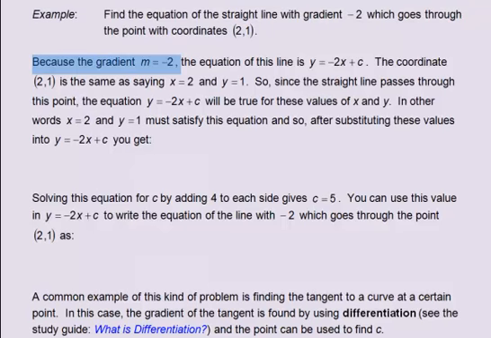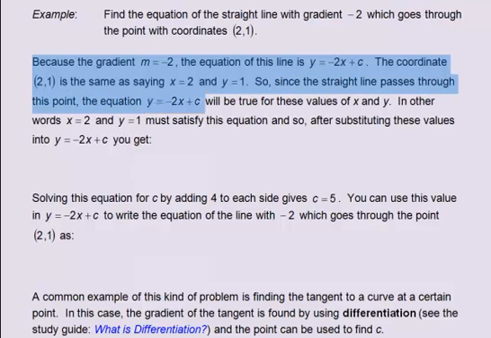Because the gradient m equals minus 2, the equation of this line is y = -2x + c. The coordinate (2, 1) is the same as saying x = 2 and y = 1. So, since the straight line passes through this point, the equation y = -2x + c will be true for these values of x and y.